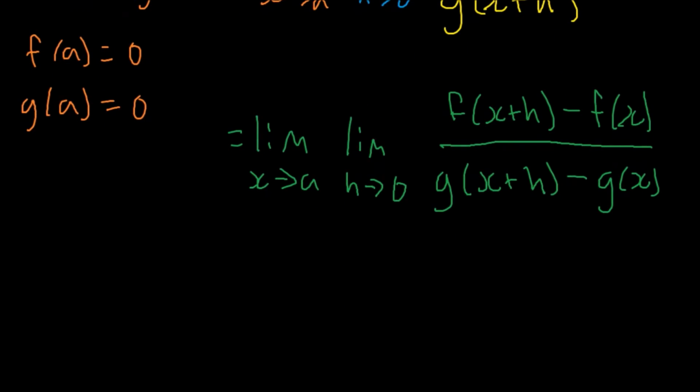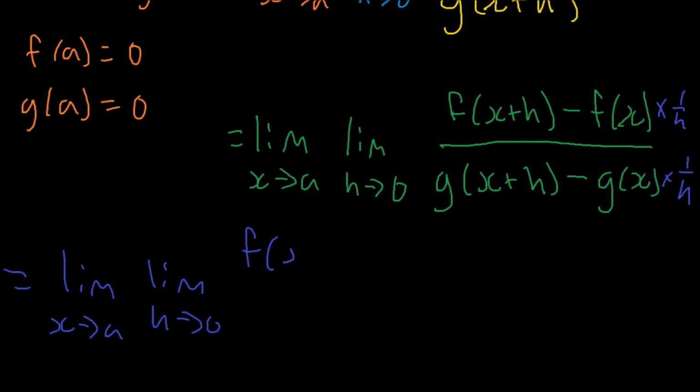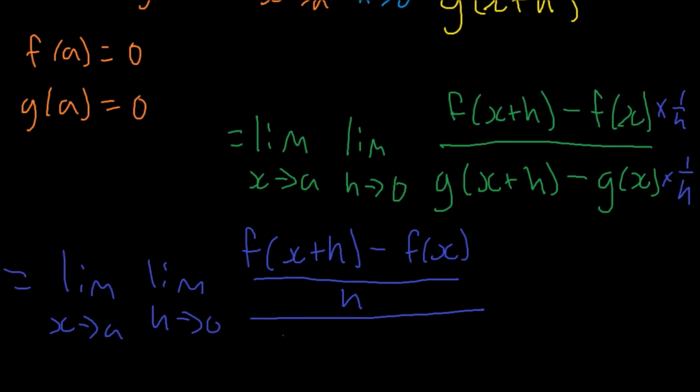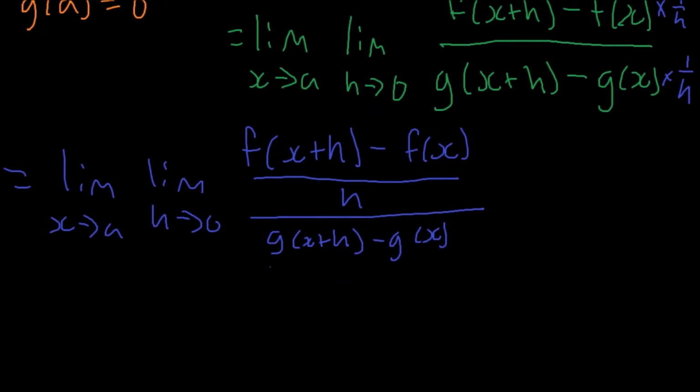Okay, well, if we really want to make things look more like a derivative, let's add that divided by h by multiplying both the top and bottom by 1 over h. So that now gives us the limit as x approaches a, limit as h approaches 0, of f of x plus h minus f of x divided by h, all divided by g of x plus h minus g of x, all divided by h.